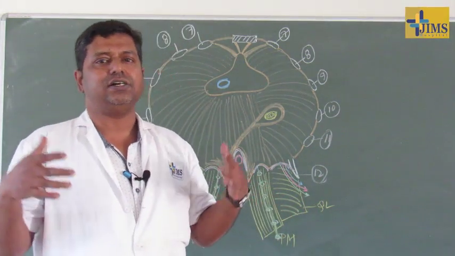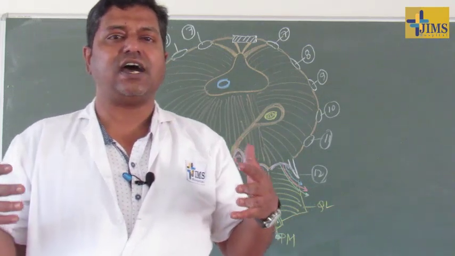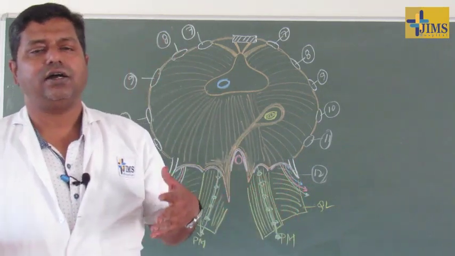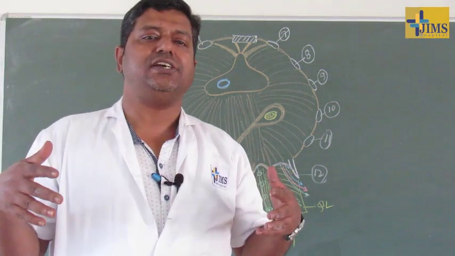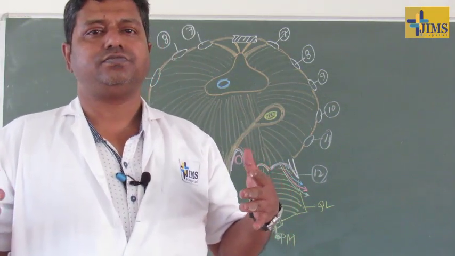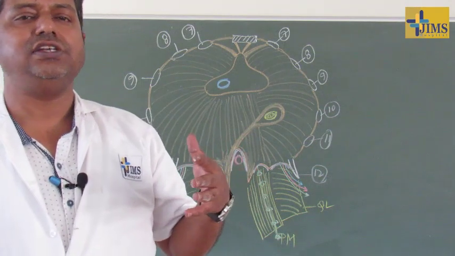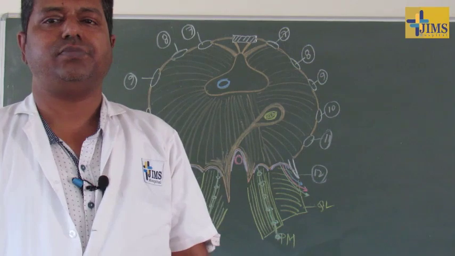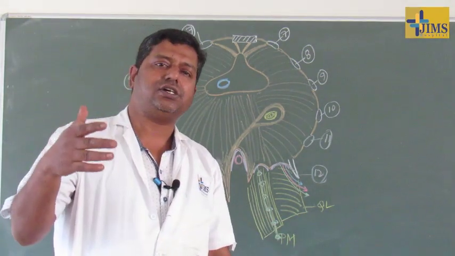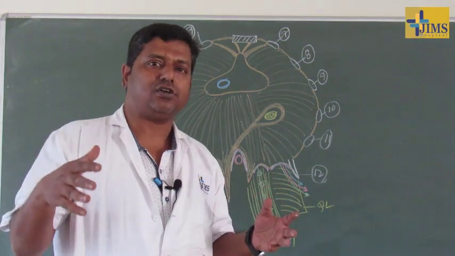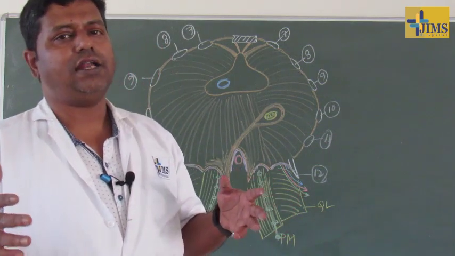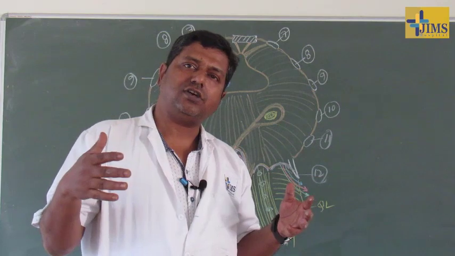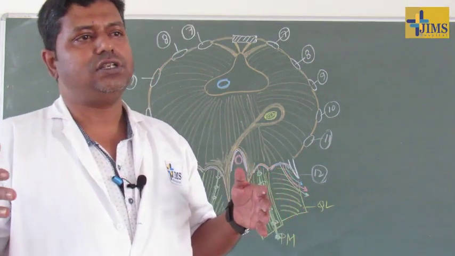So between these interdigitations, the lower 5 intercostal vessels and nerves will pass.